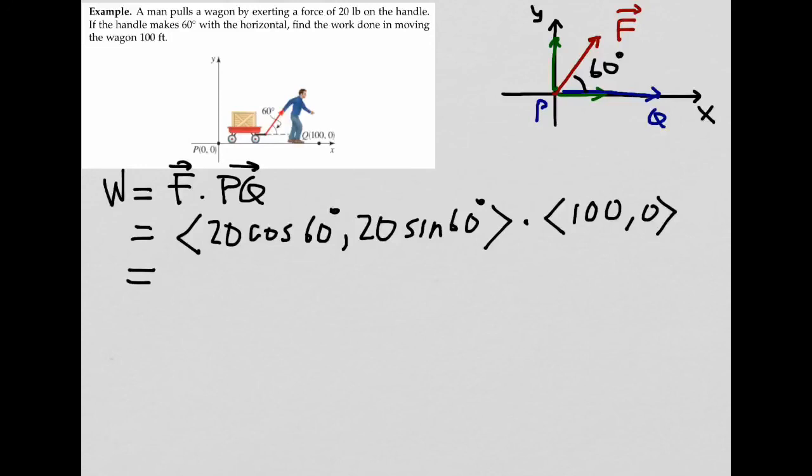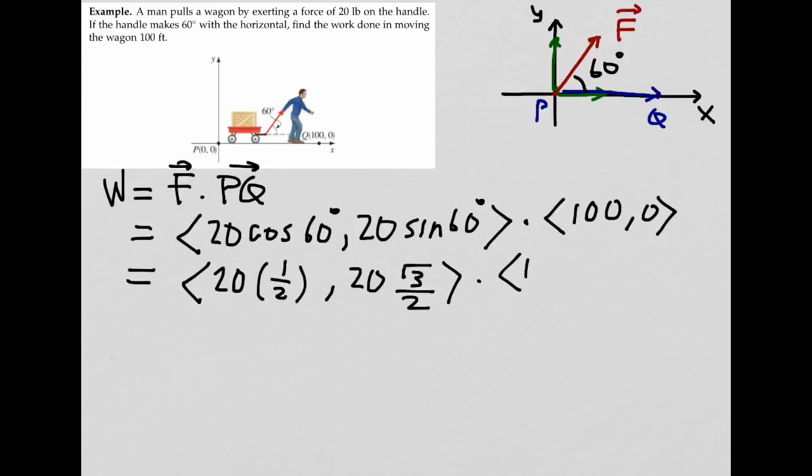Before we perform the dot product, let's simplify the vector F a little bit further. 20 times cosine 60 is 20 times 1/2, and 20 times sine 60 is 20 times root 3 over 2.